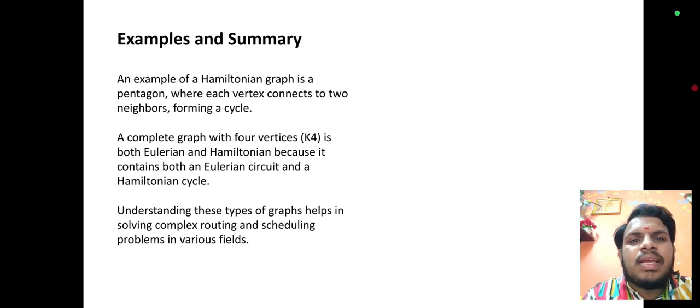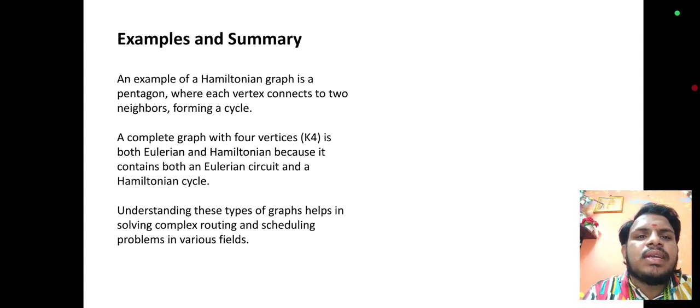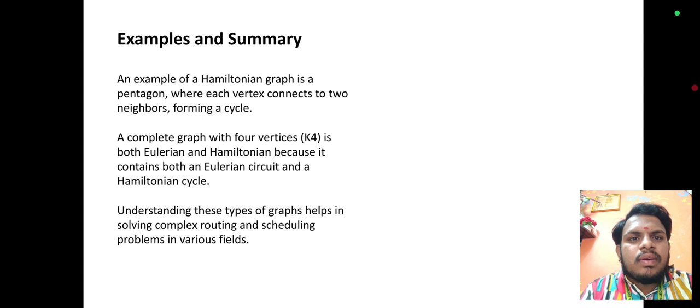Example: a cycle graph is Hamiltonian, where each vertex is connected to two neighbors to form a cycle. A complete graph on four vertices, K4, has both Eulerian and Hamiltonian properties.